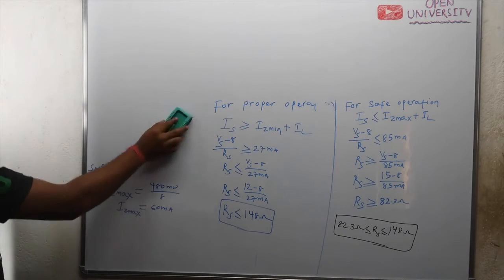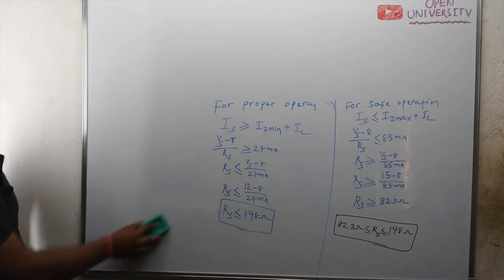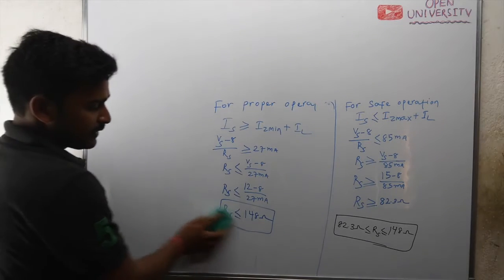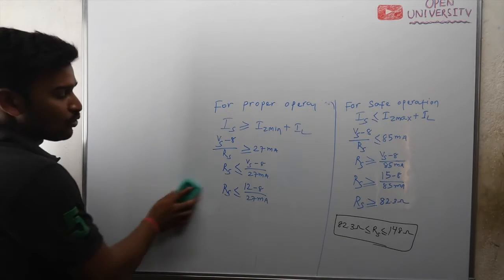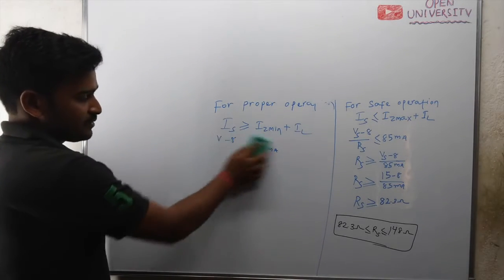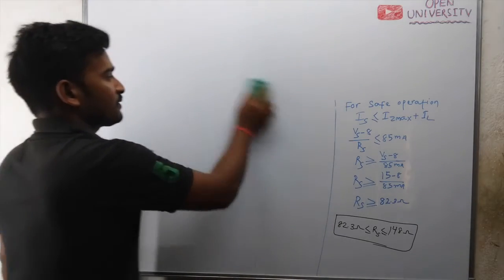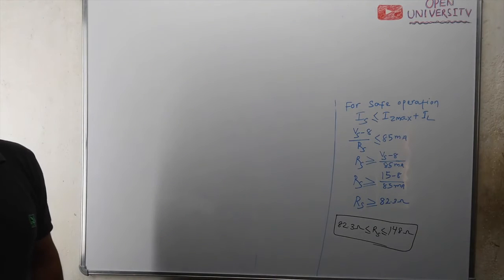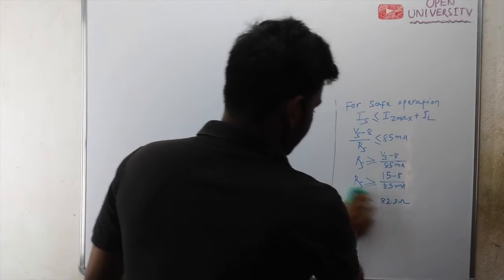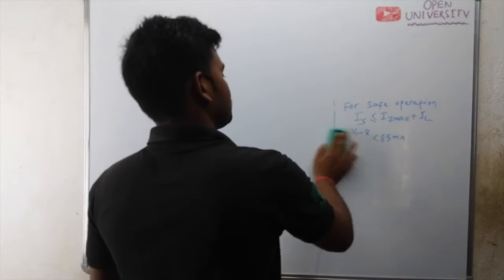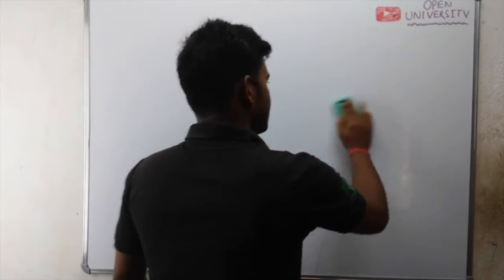If the input voltage is varied from 10 volt to 16 volt, then calculate the range of output voltage.